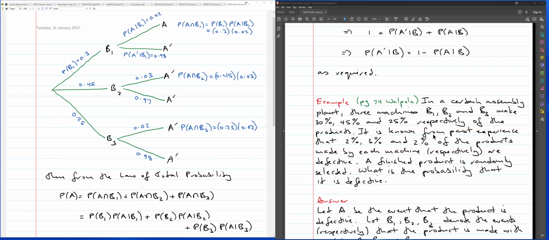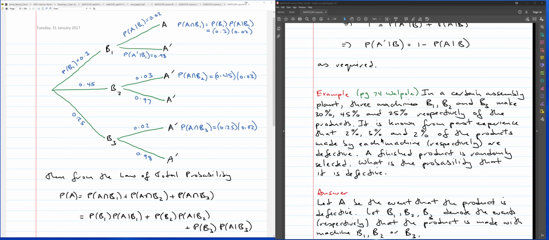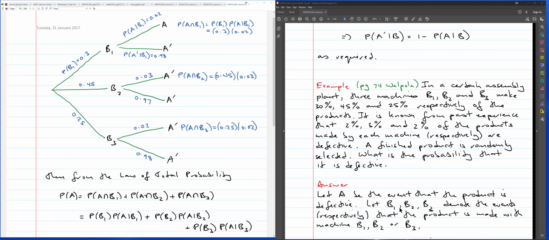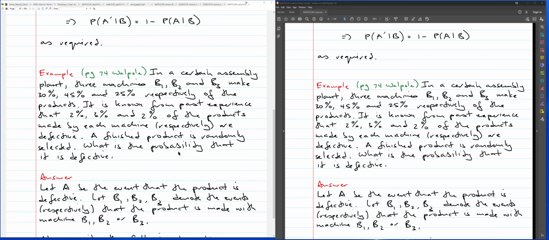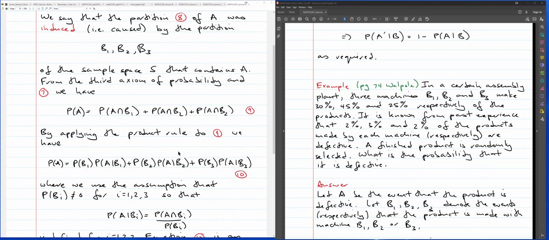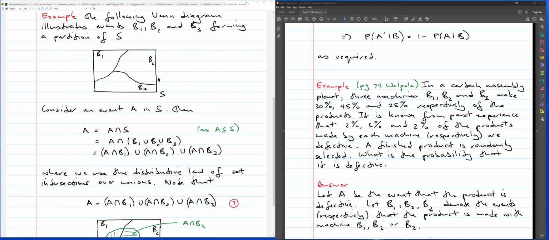First, let B1 be the event that the product was made by machine B1, and let B2 be the event that the product was made by machine B2, in your sample space S of the products made by the assembly plant.